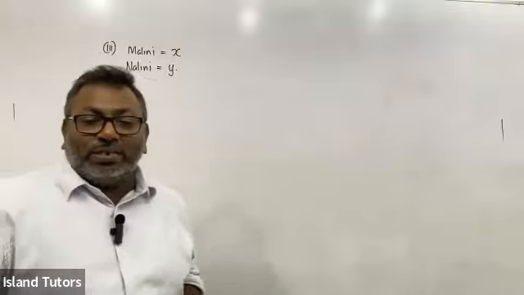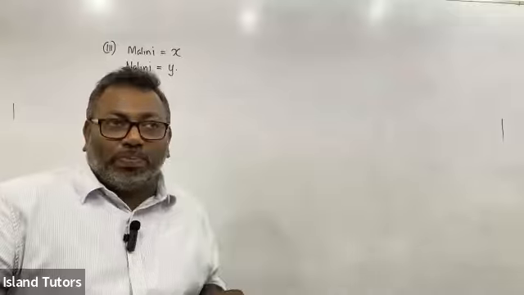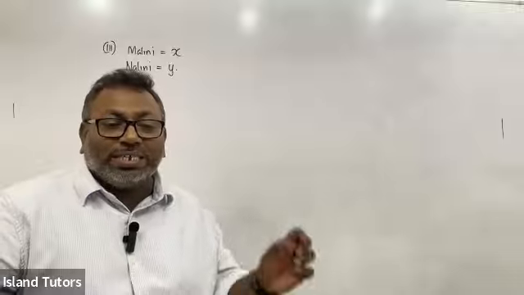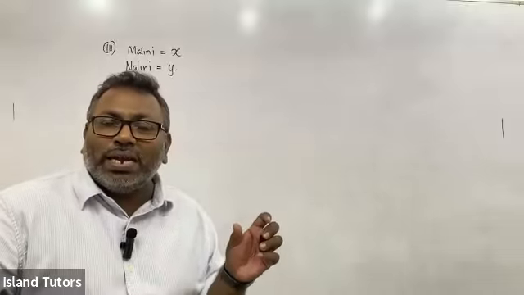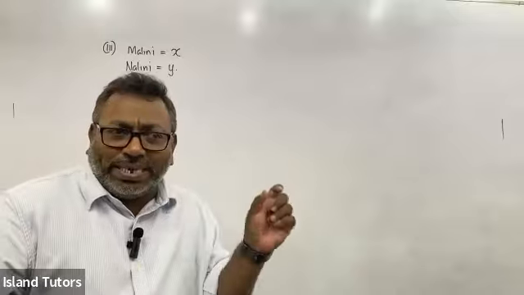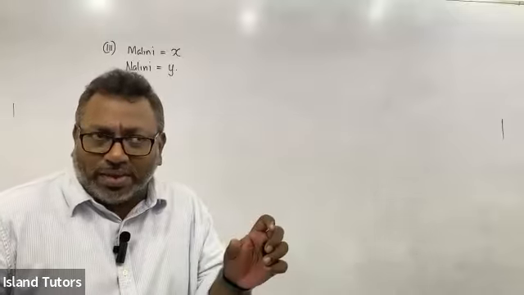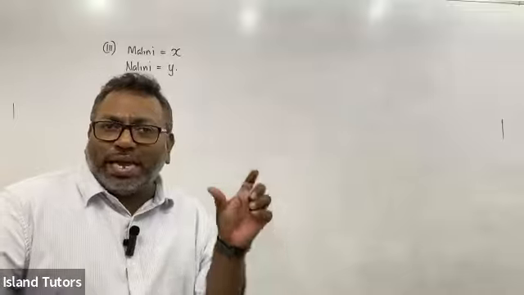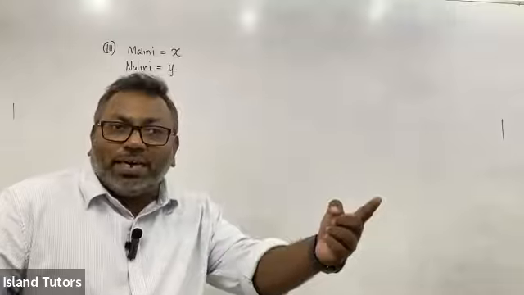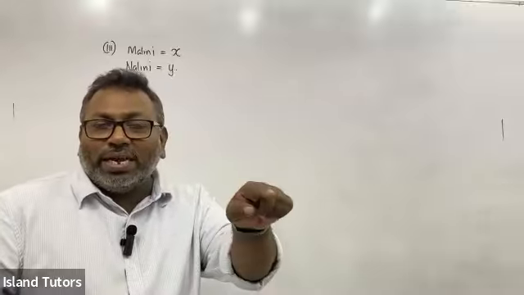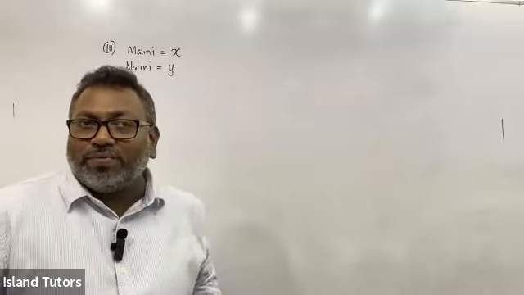What they are saying is, when you add 30 rupees to the sum of the amounts Malini and Nalini have. So what does Malini and Nalini have? Rupees X and rupees Y. So the sum of that is X plus Y. And to that, if you add 30 rupees, then you get 175 rupees.